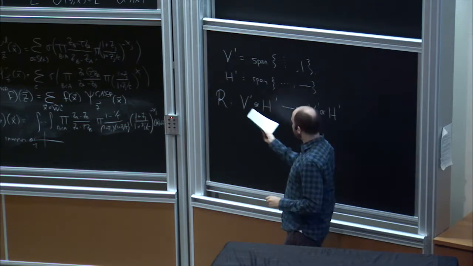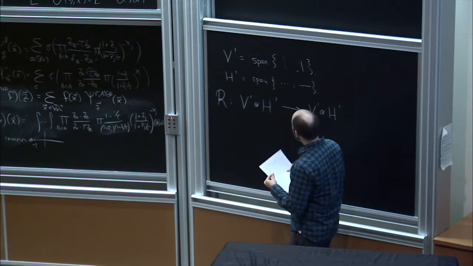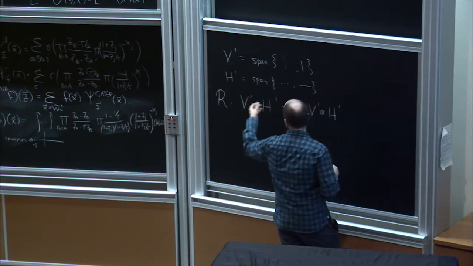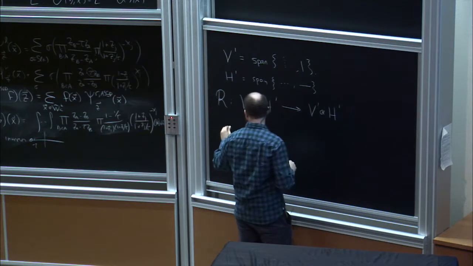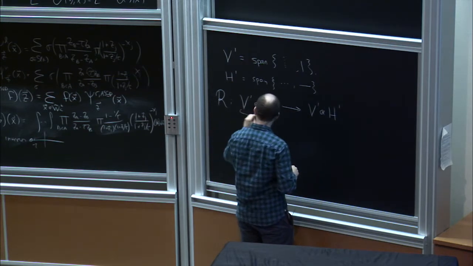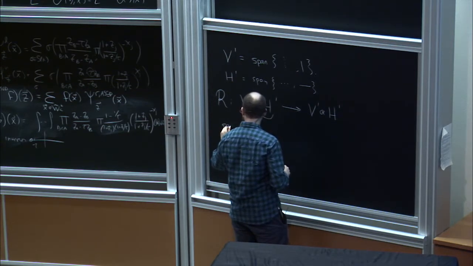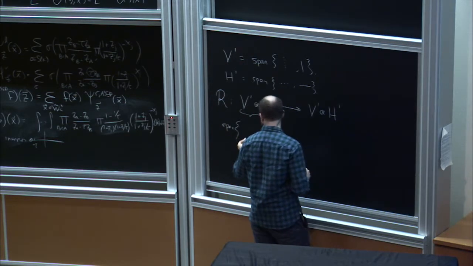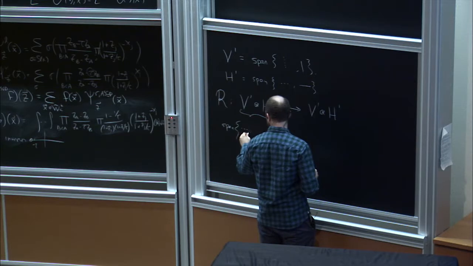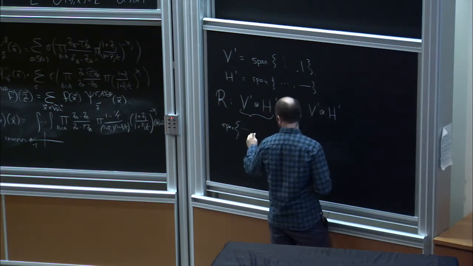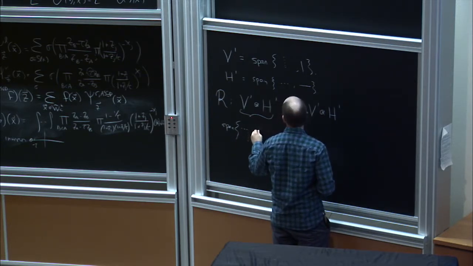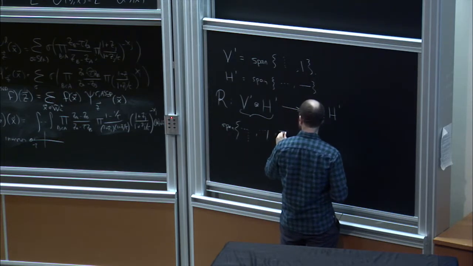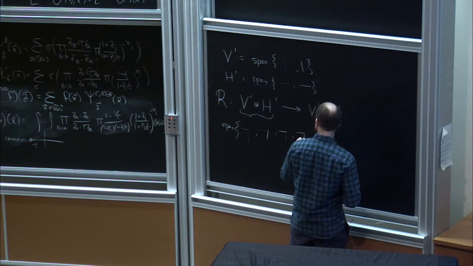What does this tensor thing mean? Well, if I have this span and this span, then the span of the tensor product is formed. So this tensor product is given by the span of the tensor product of the basis elements, which, if I just draw it pictorially, would be this is one element, this is another element, this is another element, this is another element.